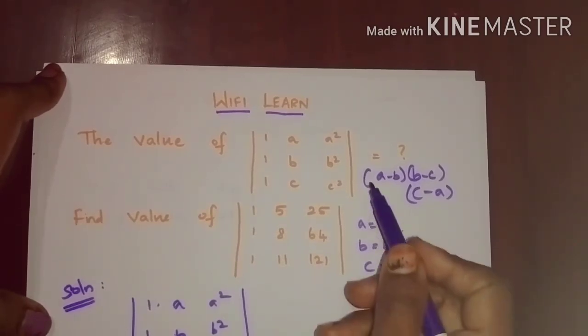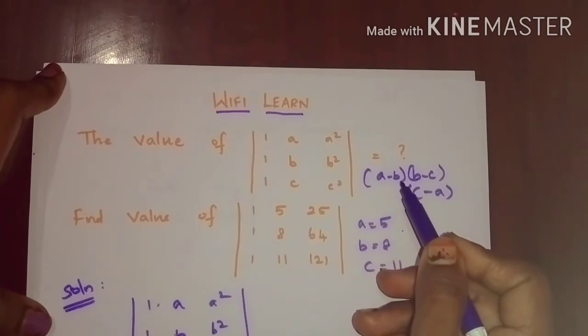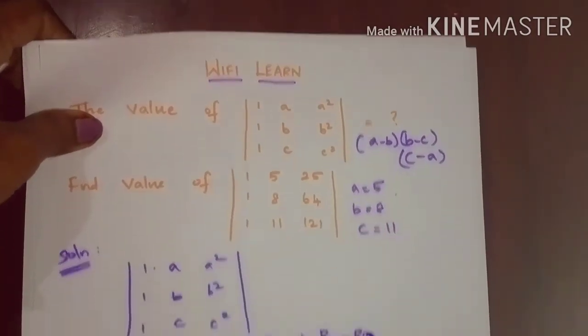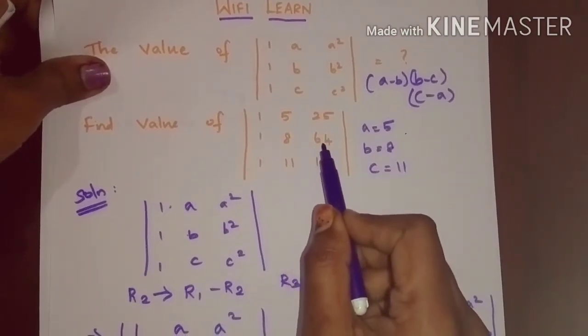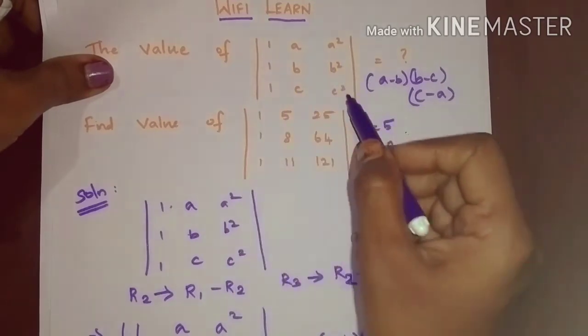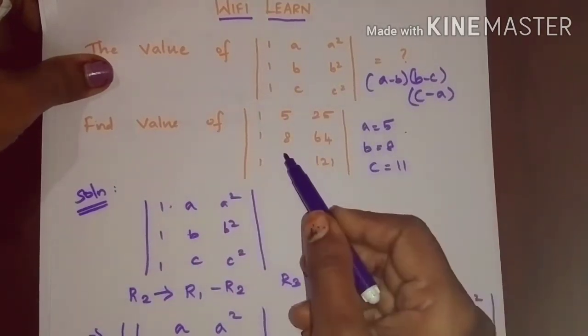We can substitute in this formula and easily find the answer. Instead of doing so many operations again for the numbered determinant, we can substitute in the formula which we have found for this determinant.